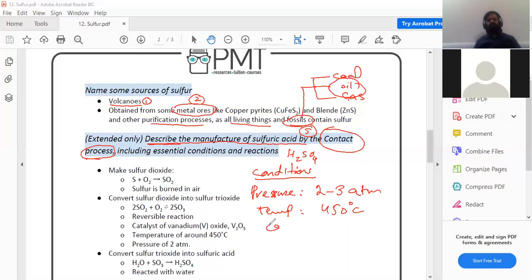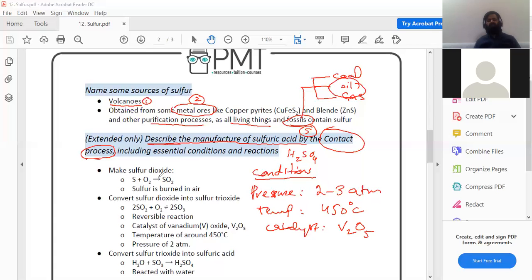And catalyst? Vanadium pentoxide. This vanadium metal is a transition metal, and its oxide, the pentoxide, is used as the catalyst. So there were 5 essential major steps.